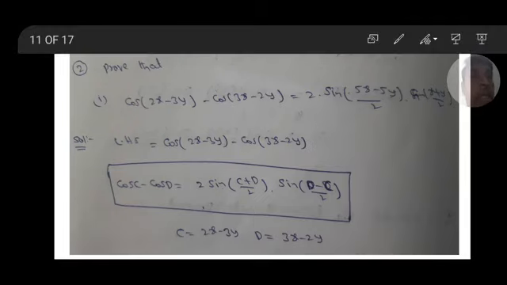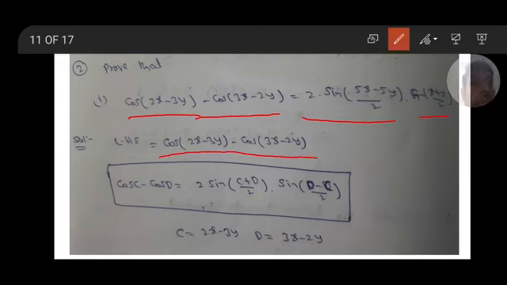Prove that cos of (2x minus 3y) minus cos of (3x minus 2y) equals 2 into sin of (5x minus 5y) by 2 into sin of (x plus y) by 2. Given LHS, cos of (2x minus 3y) minus cos of (3x minus 2y). If you take the first as c and the second as d, it is of the form cos c minus cos d.